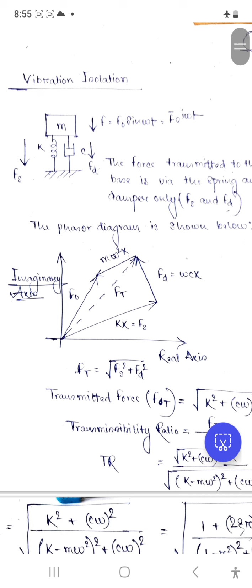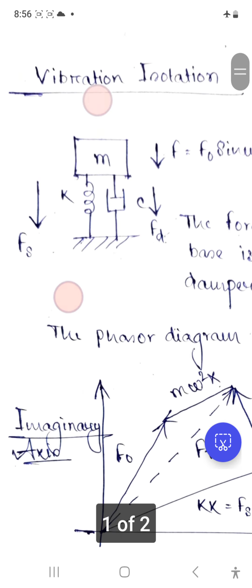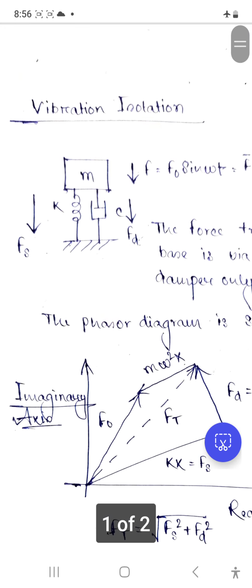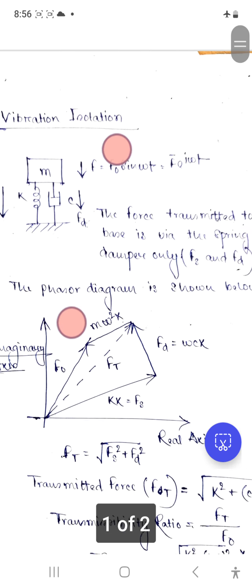Now the force that has to be transmitted goes via the spring and the dashpot which is attached here. Fs is the force transmitted by the spring, and Fd is the force transmitted by the dashpot.